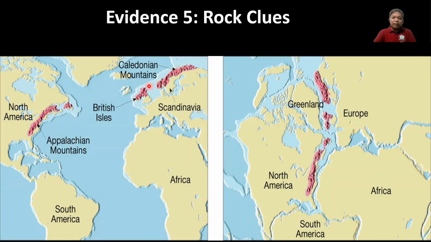So paano nangyari yun na parang magkaiba, napakalayo nila sa isa't isa, but they have the same structure? Parang nag-match yung mga bulubundukin. Parang iisang bulubundukin lang siya dati na naghiwalay. So the possible explanation, before they were connected. But because of continental drifting, naghiwalay po sila. Okay?